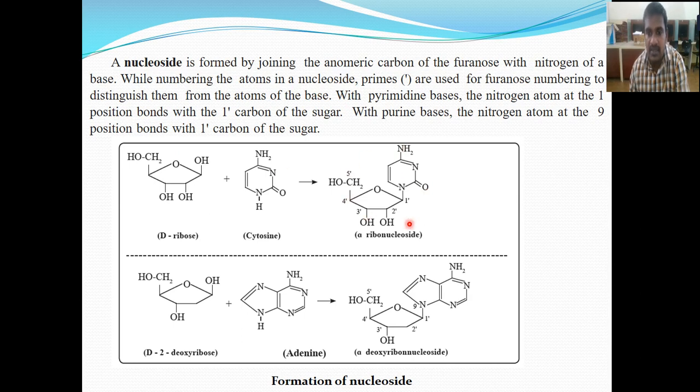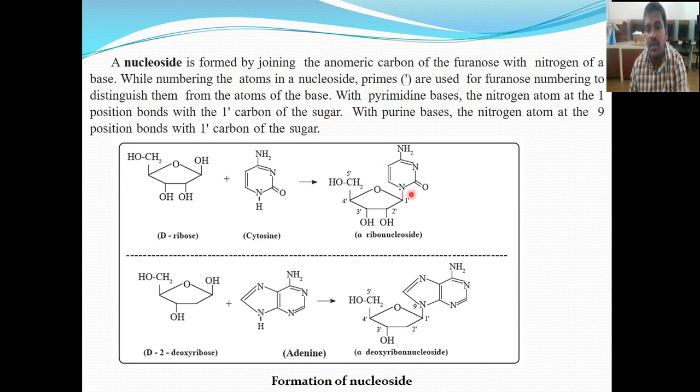Here we can see the first carbon atom with the prime sign: first prime, second prime, third prime, fourth prime and fifth prime. The prime sign indicates an atom of the sugar in a nucleoside. With the pyrimidine bases, the nitrogen atom at the first position bonds with the first prime carbon of the sugar.